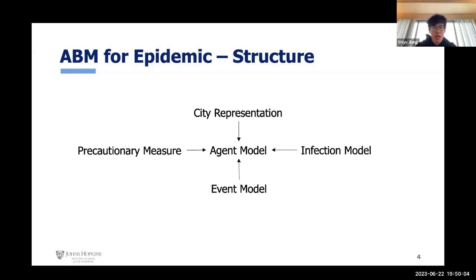We also have precautionary measures like getting vaccinated and wearing masks, which also give dynamics to the infection. So this is the whole model, where we want every module to interact with each other and bring dynamics to the whole complex system.